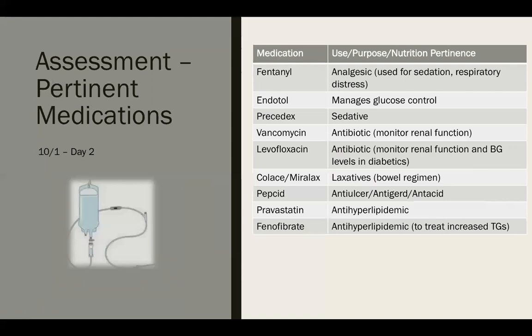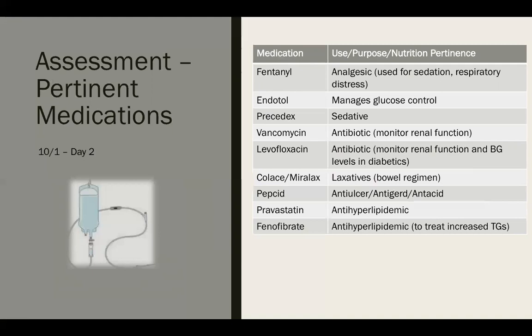And then this patient is on 2 antibiotics. It's important to note that when a patient's on these antibiotics, it's even more important to monitor their renal function. And with the one down here, it's also important to manage blood glucose levels in diabetics because it's known to create either hypoglycemia or hyperglycemia.